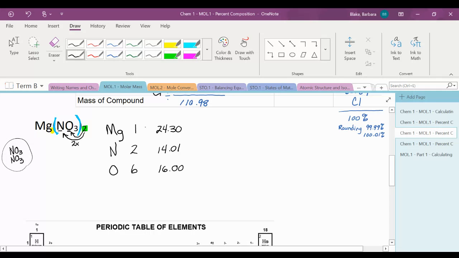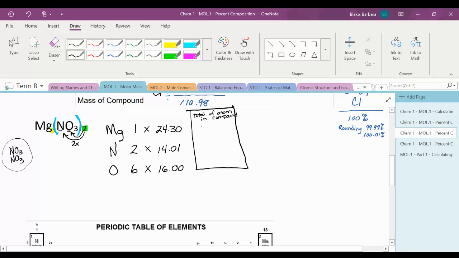And what am I going to do? Well, I am going to multiply. That new column, and this is the column that I need to be able to solve my problems for today, is the total of the atom in the compound, because that's what I need to be able to do my percent problem.